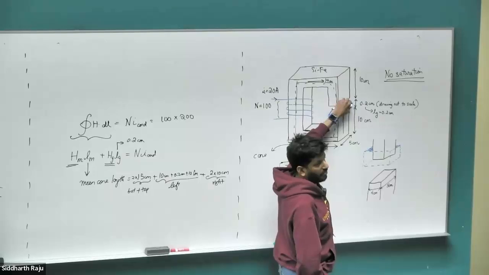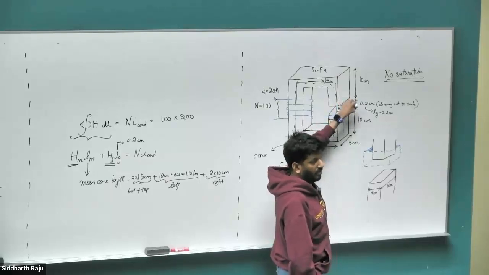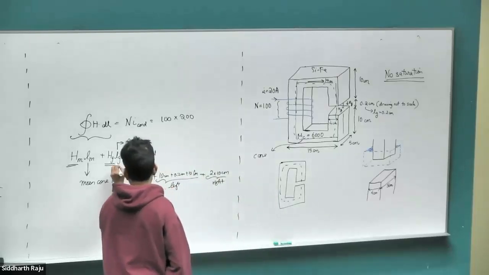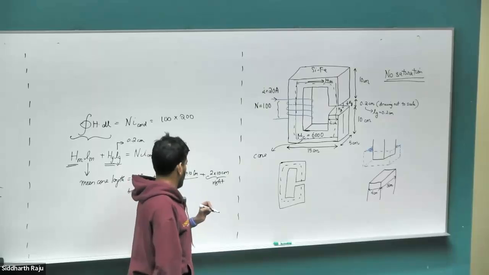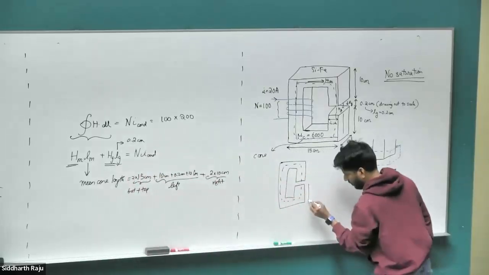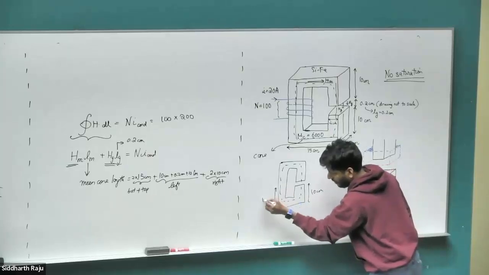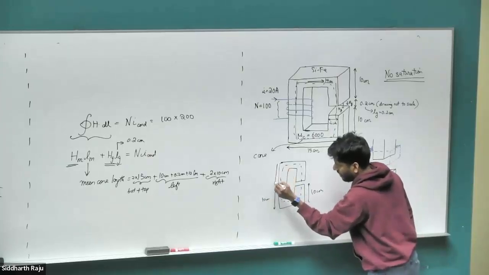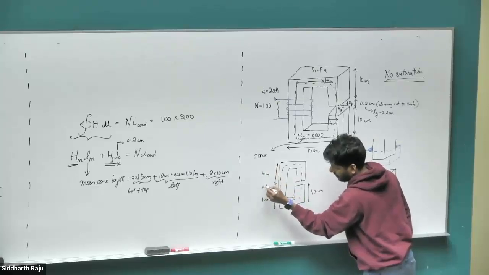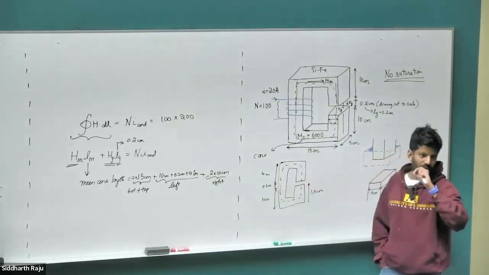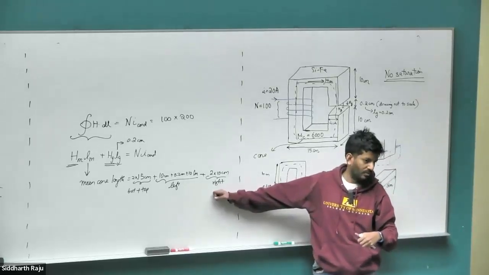In between there is an air gap, so we're not including that 0.2 centimeter. That 0.2 centimeter comes in this LG term. Oh, okay, I get it. So on this side, this is going to be 10 centimeter, and then this top part is also going to be 10 centimeter. In between also there is iron on the left hand side. On the right hand side, there is an air gap, so we are not including in the right hand side the 0.2 centimeter.